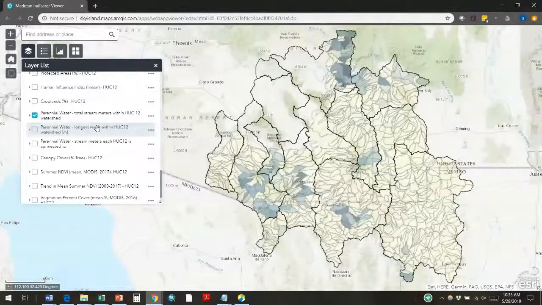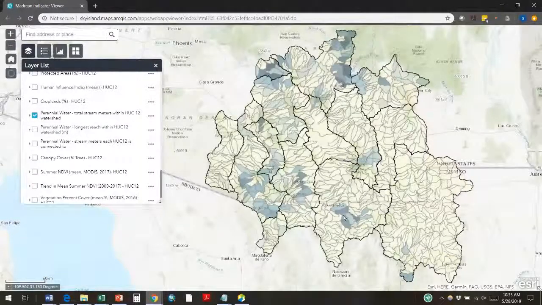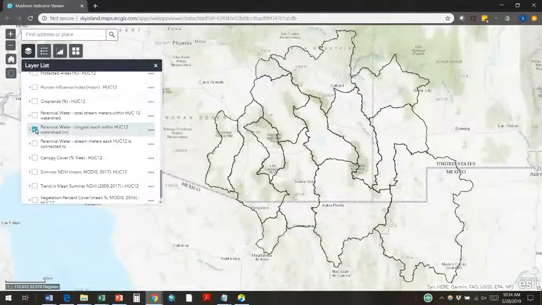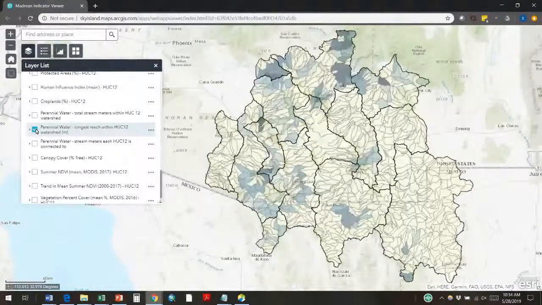We looked at the total meters of stream within each HUC-12, which is what this map shows. And then we also looked at the longest single reach, any connected water within that HUC-12, like what was the longest amount of water. That's mapped here. It looks a little bit different.